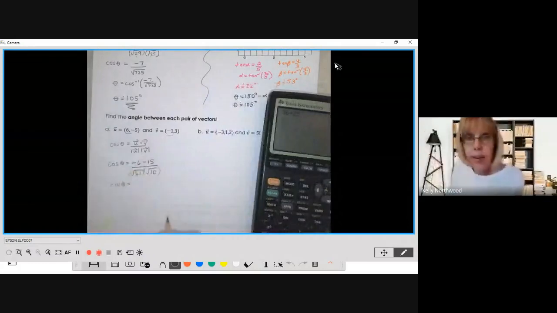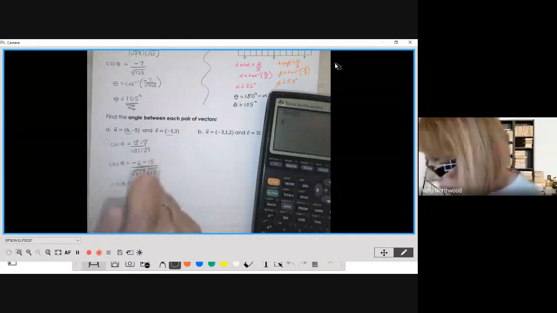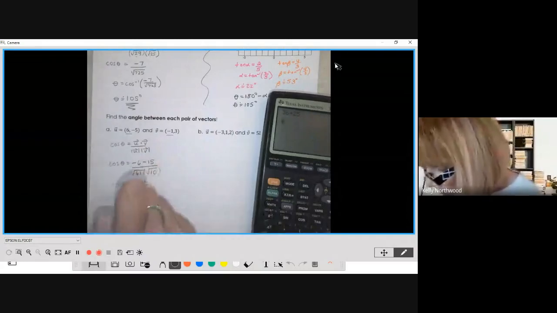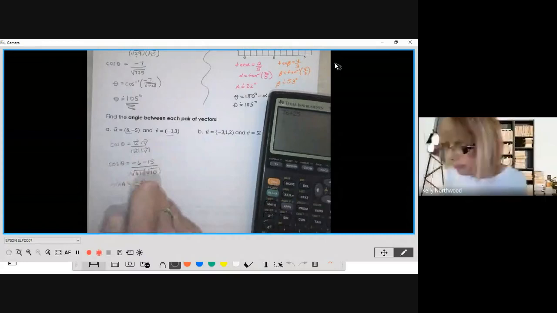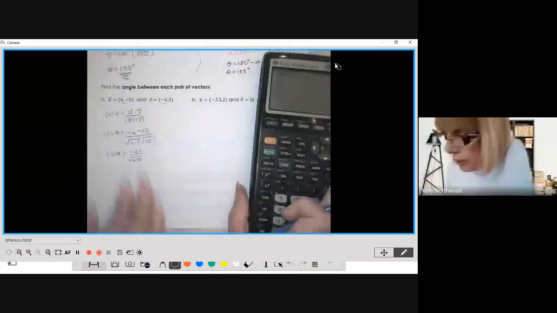So the cosine of theta is going to be -21, so I'm expecting an obtuse angle again, over the square root of 610. And then I can put that in my calculator. Theta is going to be the cos inverse of -21 over the square root of 610.